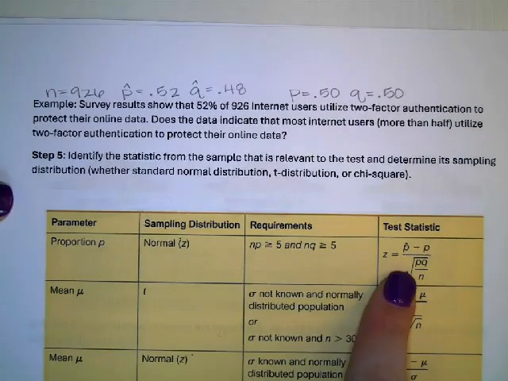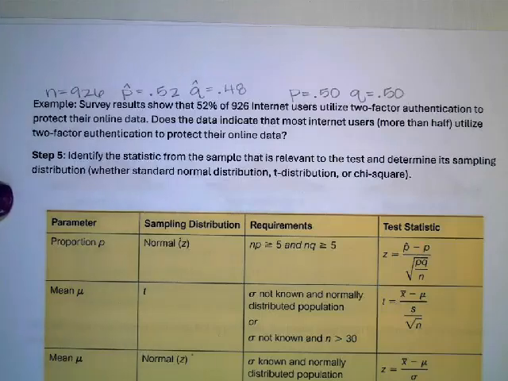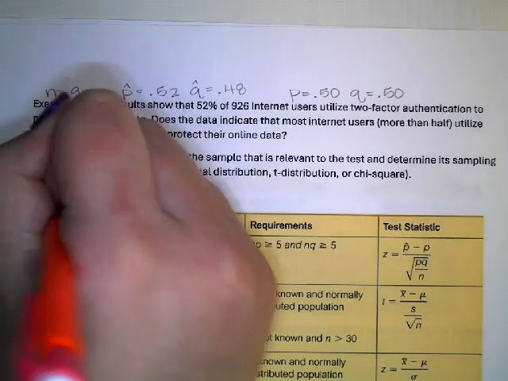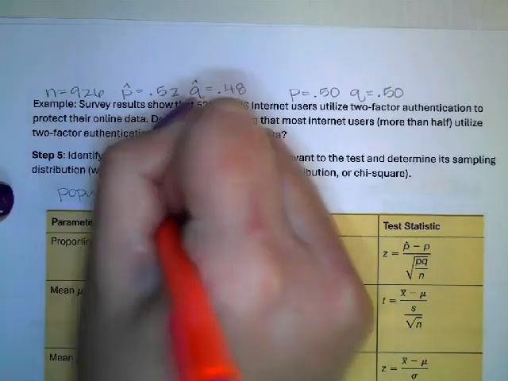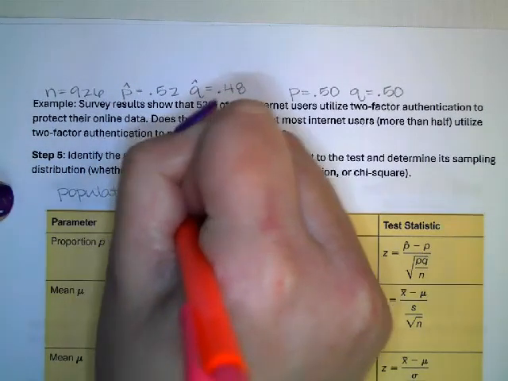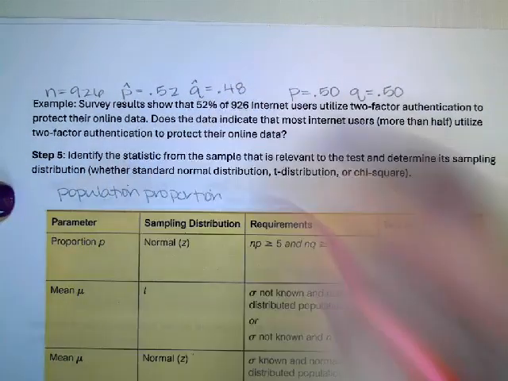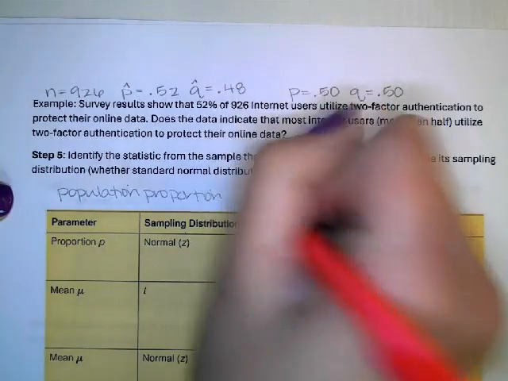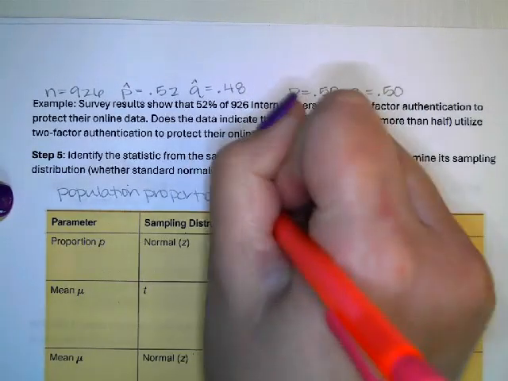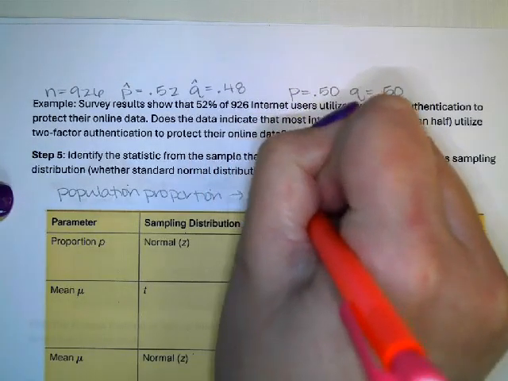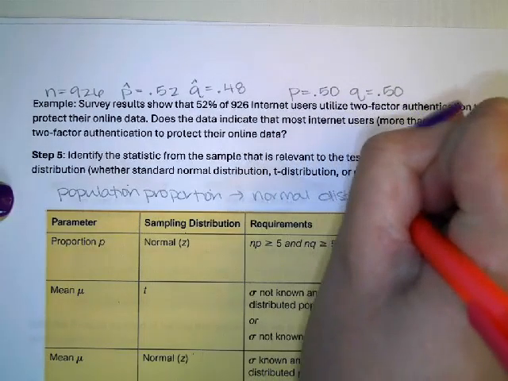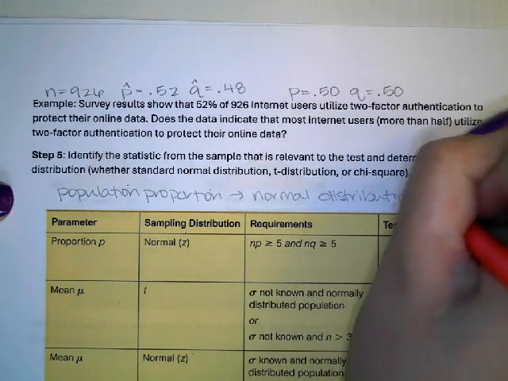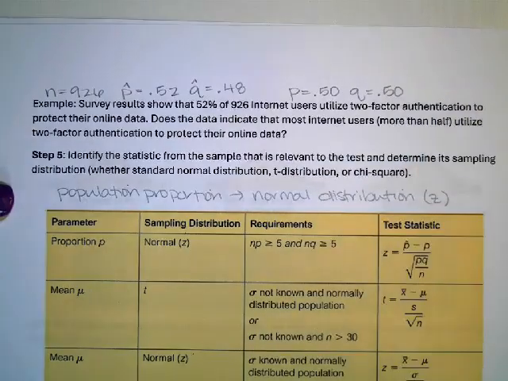So here we're going to say that we have a population proportion and so we're going to be using a normal distribution with a z-score.